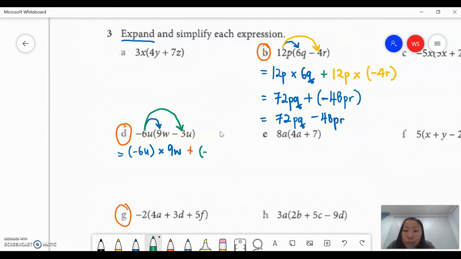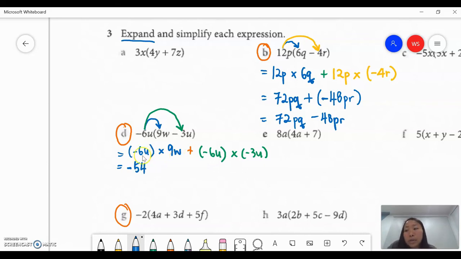So same thing in brackets, negative 6u times negative 3u. Once that has been expanded, the next step is to simplify. Simplifying your numbers, you have negative 6 times 9. A negative times a positive will be a negative. 6 times 9 will give you 54.